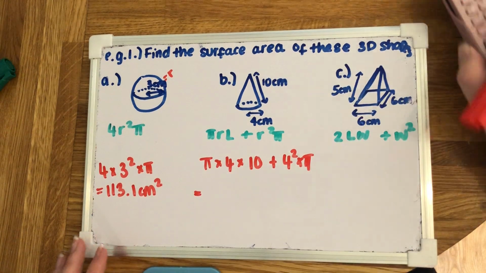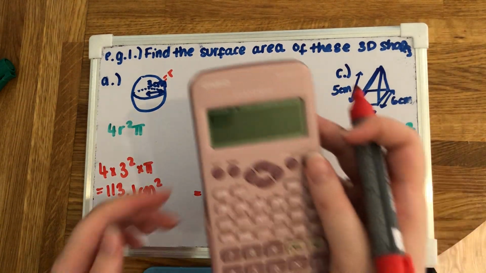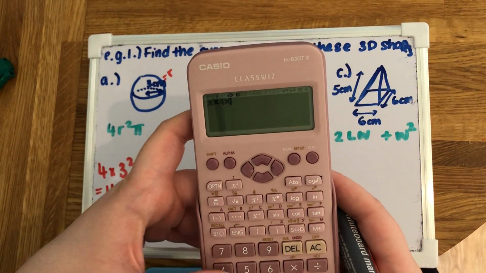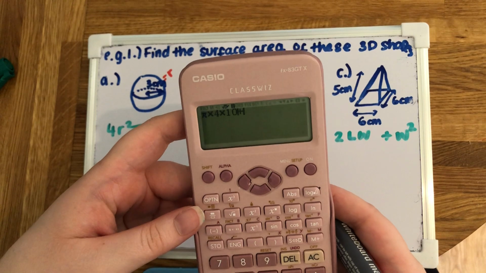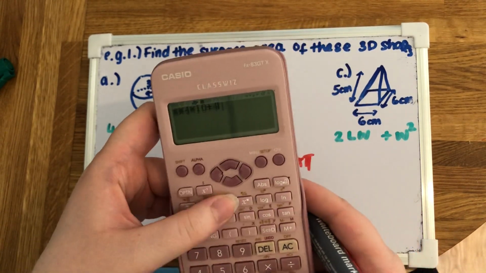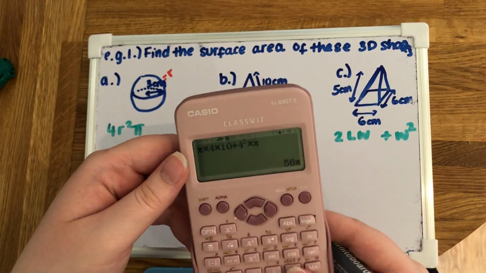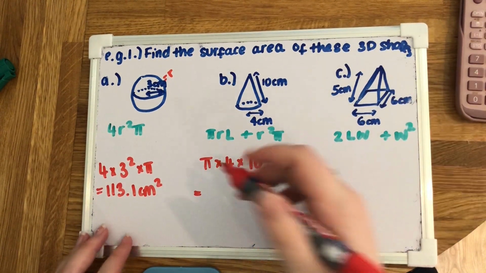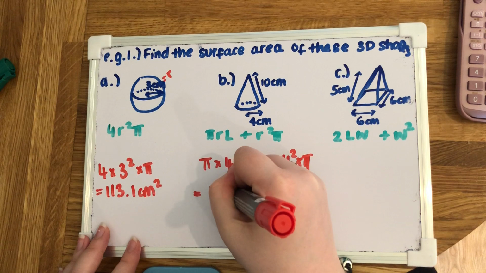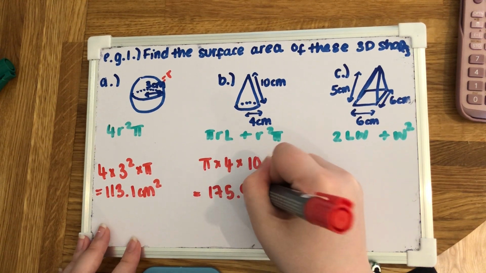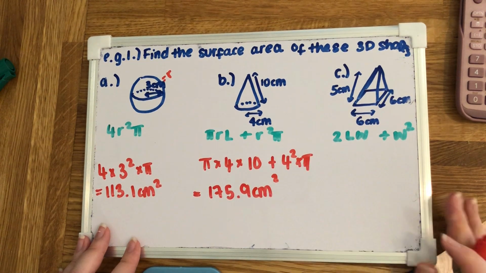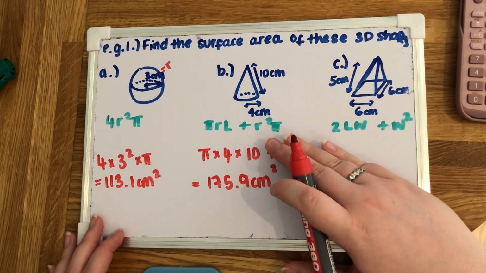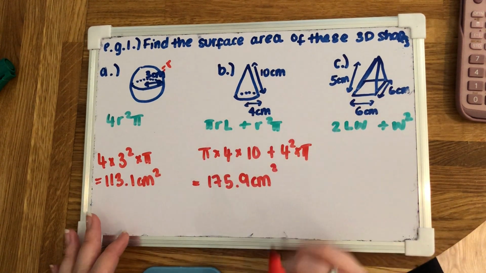Typing that in on a calculator: pi times 4 times 10, plus 4 squared times pi, equals 175.9. If they just ask for the curved surface, you just wouldn't do the circle bit. You'd just do that section.